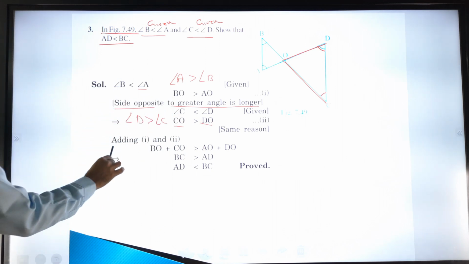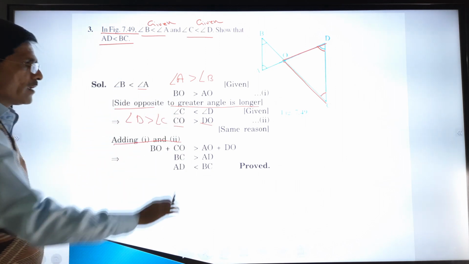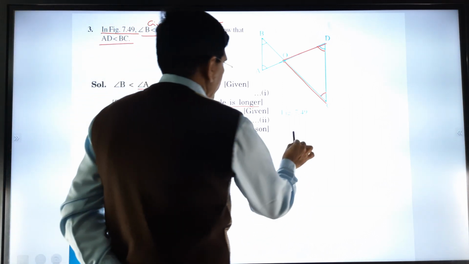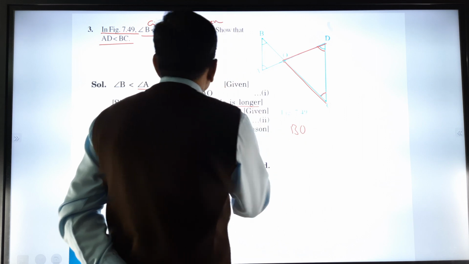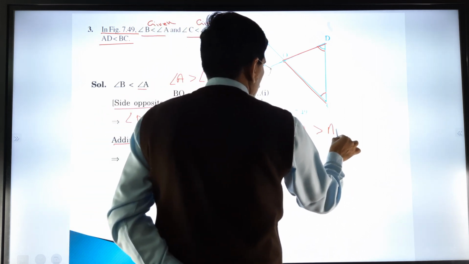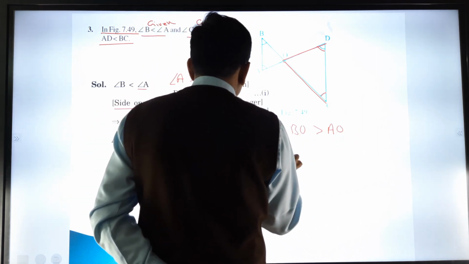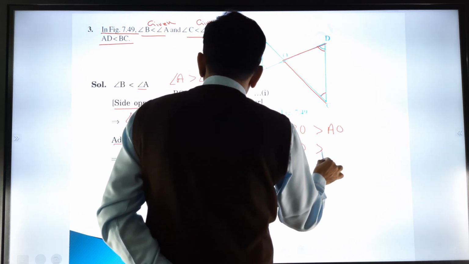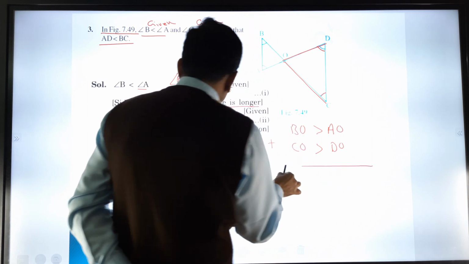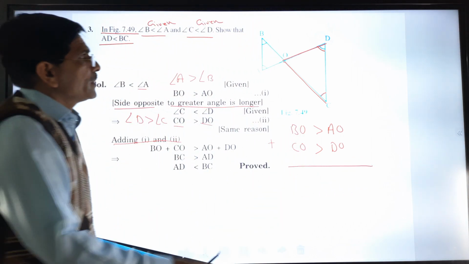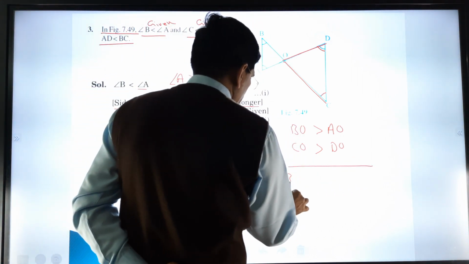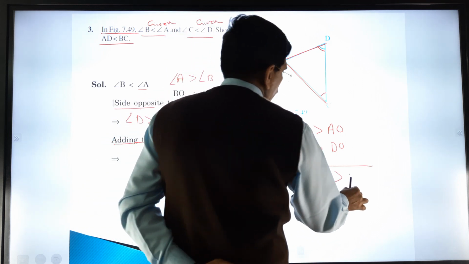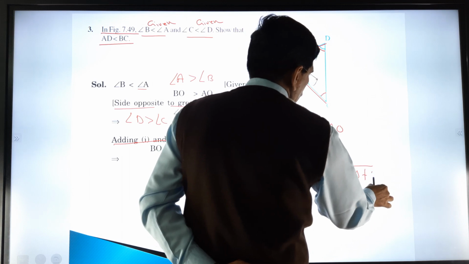Now, adding equations 1 and 2. Which way I have to add is important. BO greater than AO, plus CO greater than DO. If I add this, BO plus CO is greater than AO plus OD.